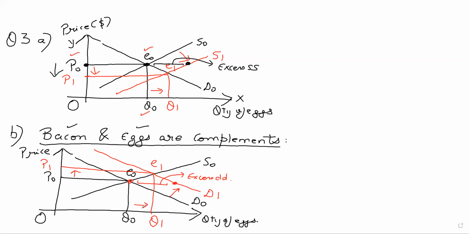Okay. Then we can quickly look at case C. So erasing all this. Question 3, part C. A new study is released that indicates that eating eggs is hazardous to one's health. Okay, so this is a very simple one.